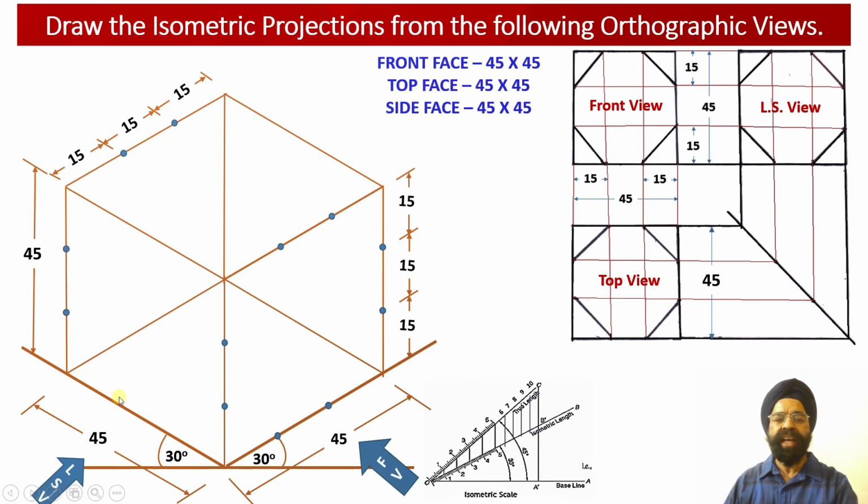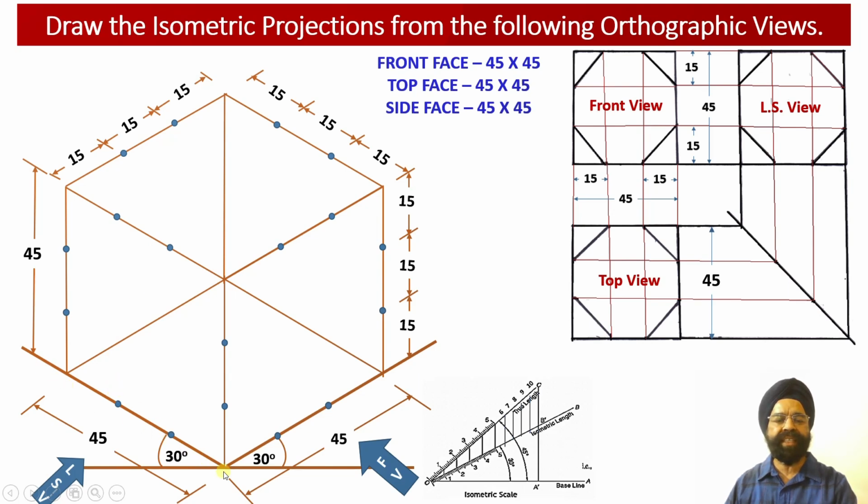And alongside the x-axis also, we have now marked the distances of 15 millimeter each alongside this edge length of 45 millimeter. Now we are able to divide this edge length of 45 millimeter into 3 segments, which is going to measure 15 millimeter each.